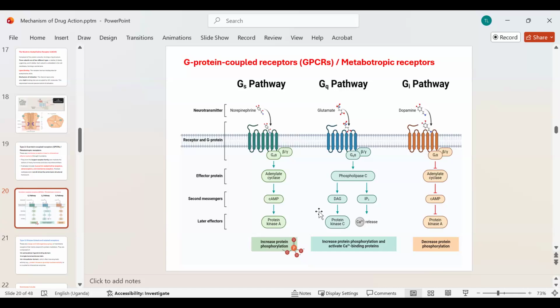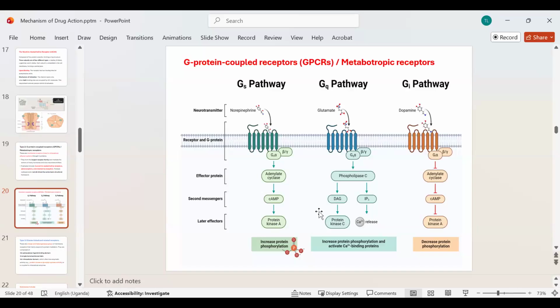A secondary messenger is a chemical that, when it is released, also helps release other enzymes or proteins that are going to be used at the effector cell to stimulate a physiological effect, or in this case, if it's a drug, a pharmacological effect.